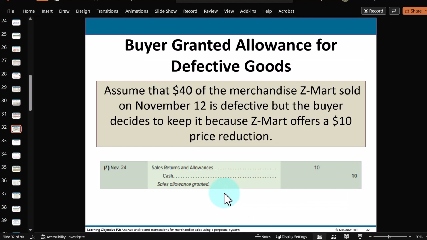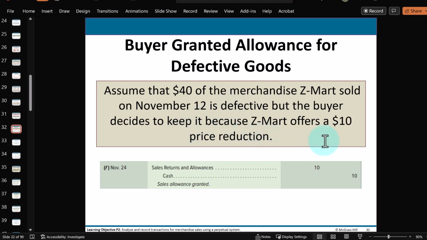So let's say we tell the customer that's dissatisfied, keep the merchandise, don't send it back. What we're going to do is reduce your price. Here, give you an allowance. In this case, we had initially sold $40 worth of merchandise. And instead of taking back that merchandise or part of it, we tell the customer, keep it.